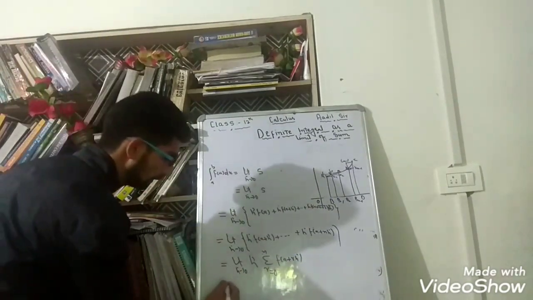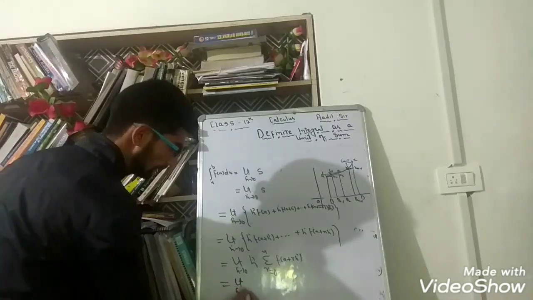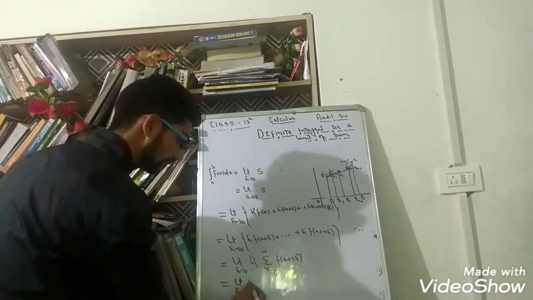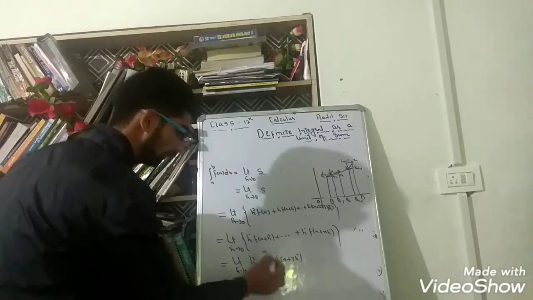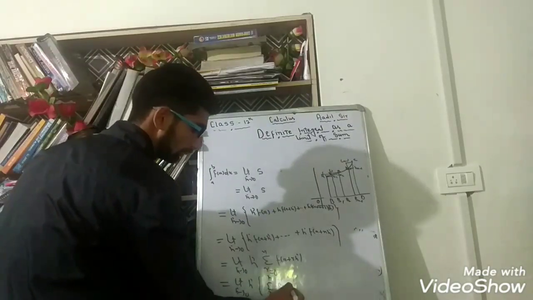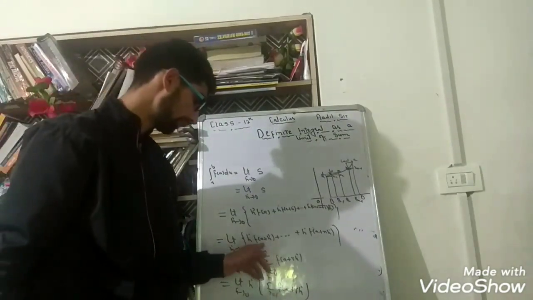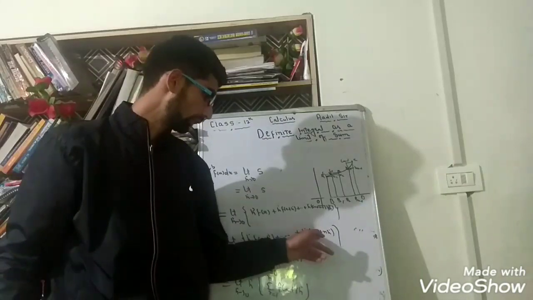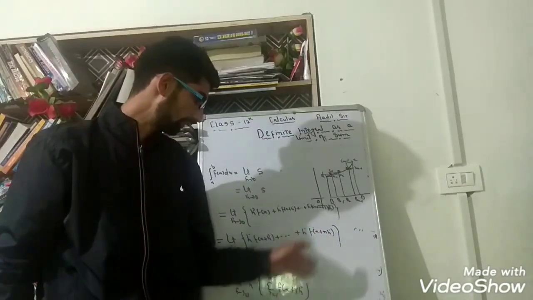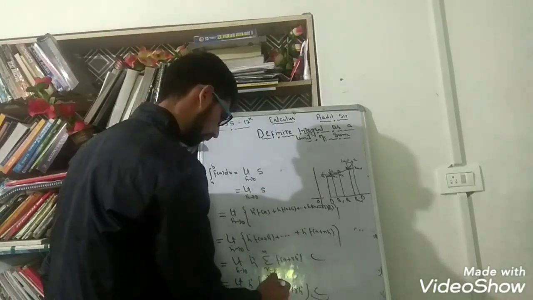Similarly, this sum is equal to the limit as h tends to 0. I will take h common, and then the summation r equal to 1 to n of f of a plus r h. How? Because when we give the first value 1, I will get this term. When I give the last value, that is n, I will get a plus n h.